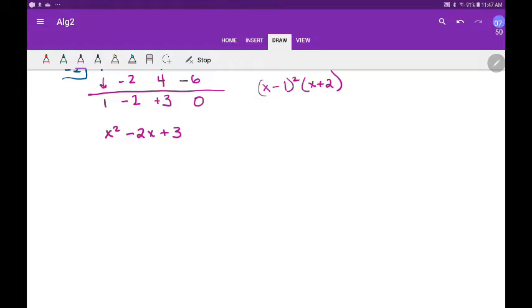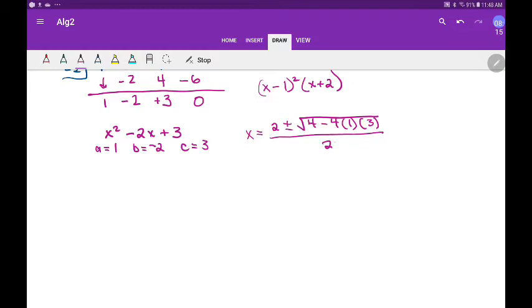And I'm going to use the quadratic formula. So let's see, a is equal to 1, b is equal to negative 2, and c is equal to 3. So I'm going to say x is equal to negative b, so that's plus 2, plus or minus the square root of b squared, which is 4, minus 4a, which is 1, c, which is 3, all over 2a, which is 1. Okay.